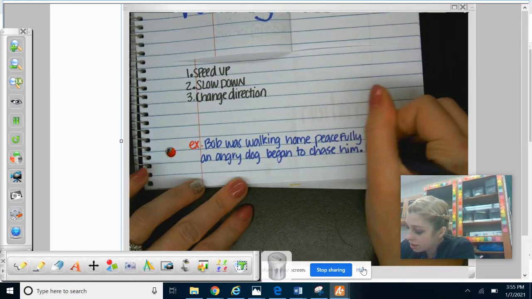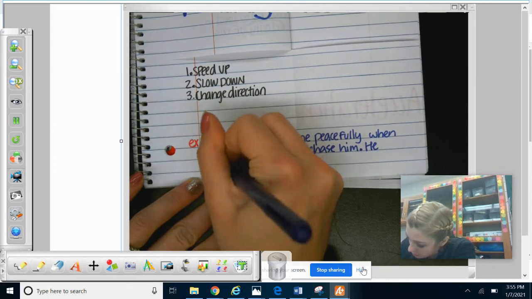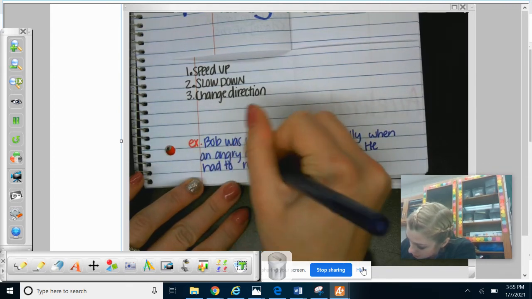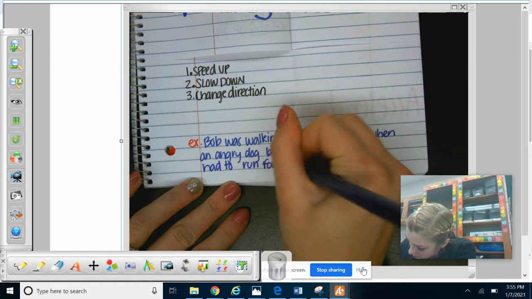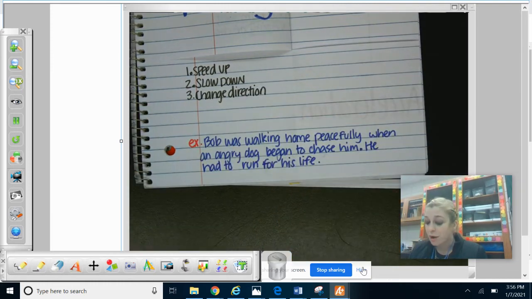He had to run for his life. So Bob was just walking home nice and peacefully when an angry dog started chasing him and he had to run.